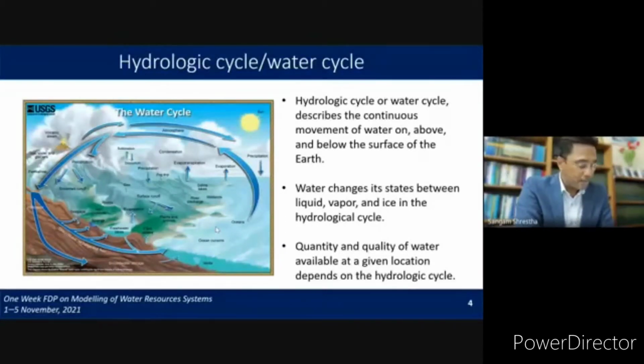So the availability and quality of water in any location depends on the hydrological cycle of that hydrological unit.